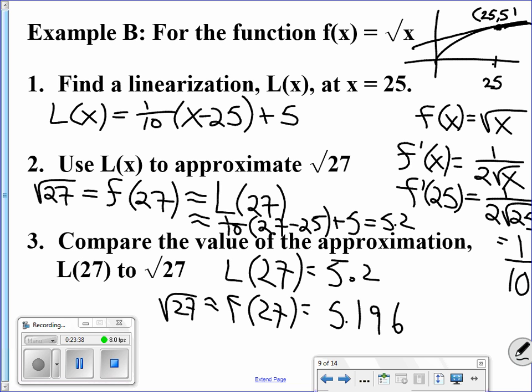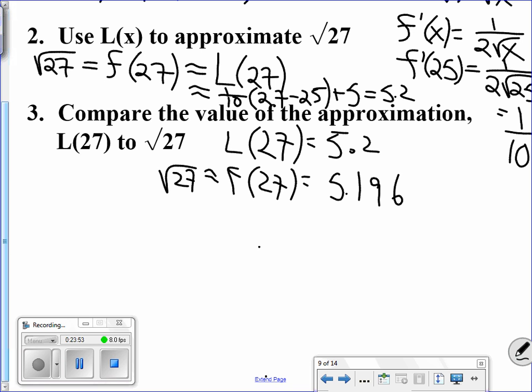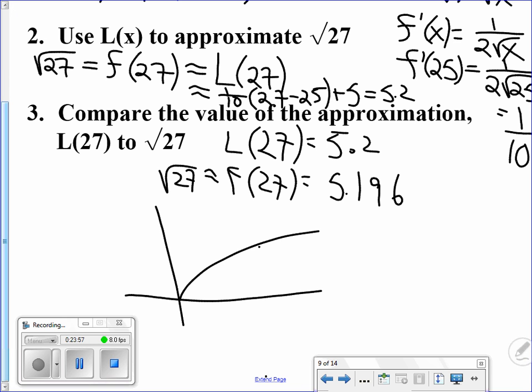Now, not only can I get pretty close, I also can look at the graph and tell whether or not my approximation is under or over. You see that graph of the square root of x? Is that concave up or down? It's concave down, right? I know that before I even got my approximation, if I drew a tangent line here, and I use the y on the tangent line as my approximation, is it greater than the actual or less than the actual?